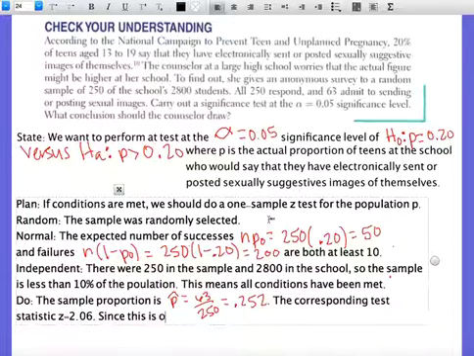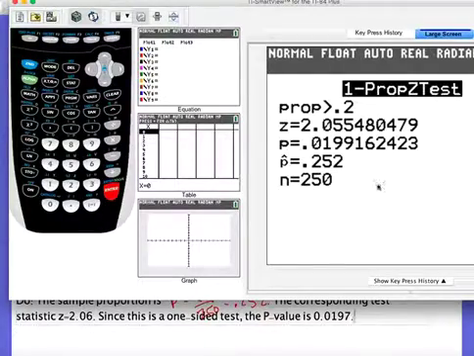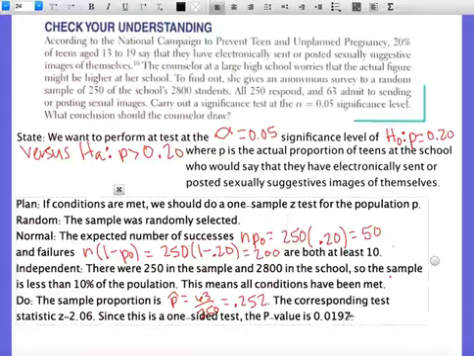Since this is a one-sided test, the p-value is 0.0197. So I could get that from the calculator. And we're close to what the calculator was. This is what the 0.0197 is, what the book gave. So we could change that. No big deal.